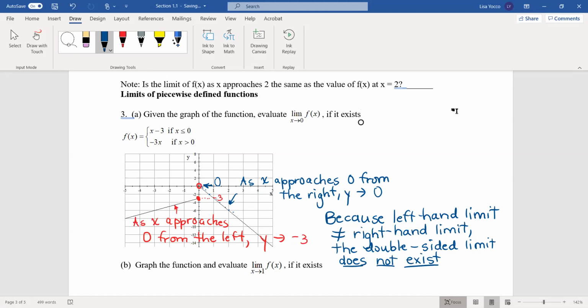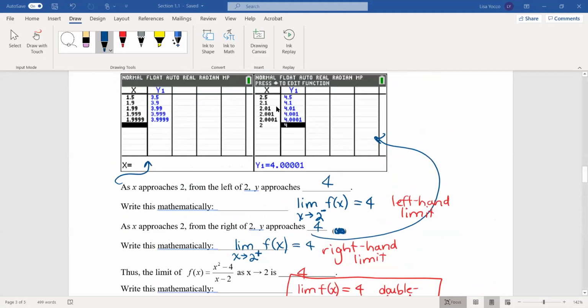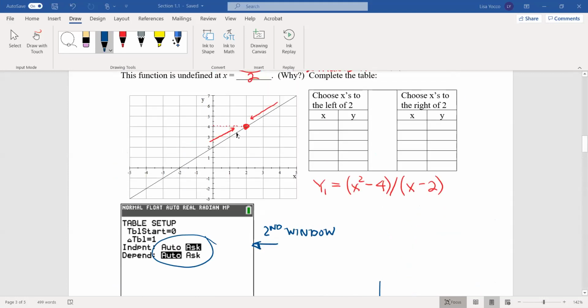And sort of informally, we can say, if we take our fingers, I can't show you in person, if we take our fingers and trace along both graphs heading to where x is 0, our fingers go to different places. If our fingers were to meet up, then we would be able to define the limit. That's the case up here with this graph, okay?